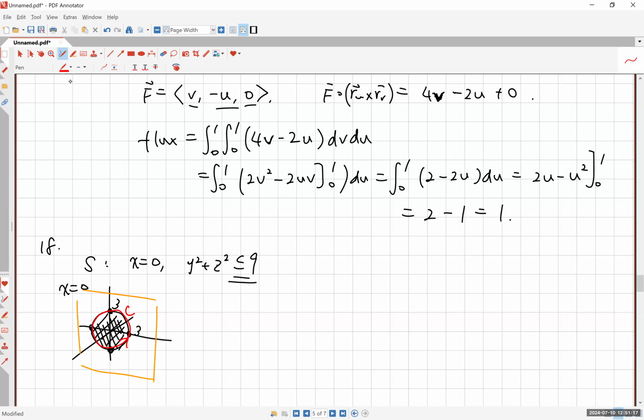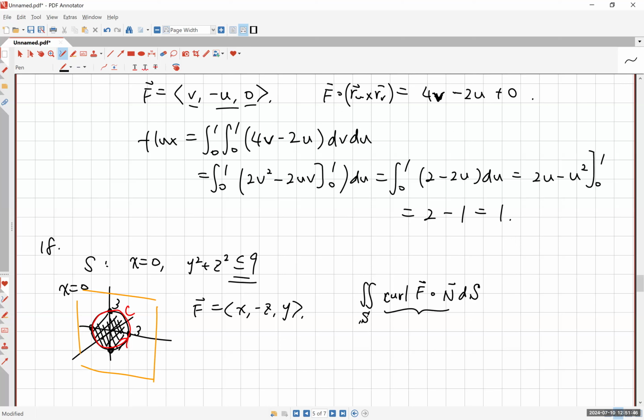All right, we are also given a three-dimensional vector field, which is x minus z, y. We are to use Stokes' theorem to find the double integral of the curl of F dot n dS. So this is the flux of the curl of F over this solid S, which is the disk, right?